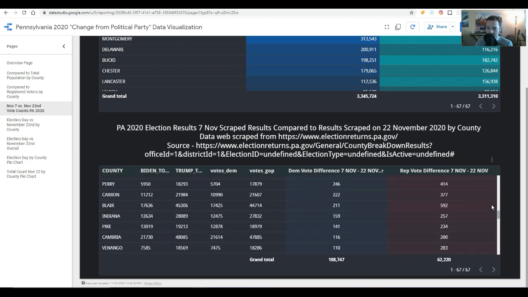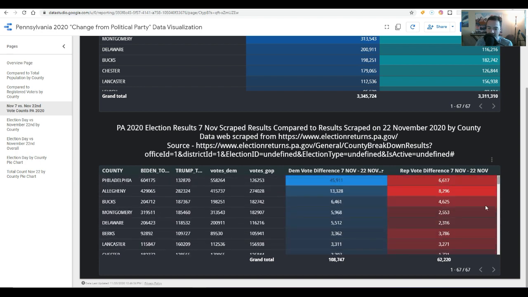Now, if I go up to some of the more populated counties, we'll see that it's actually the exact opposite. So it seems like the more populated the county was, or more votes that were cast overall, which is really what this represents, that there were more votes that came in on the Democratic side, not always a massive amount like in Philadelphia, which is a huge difference.